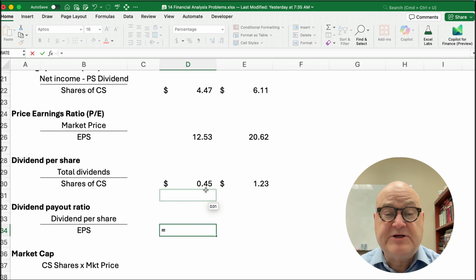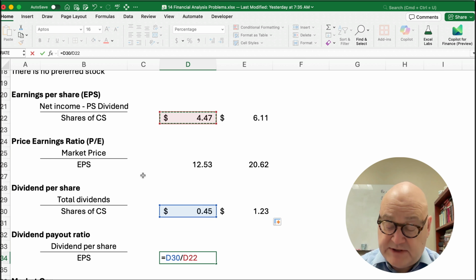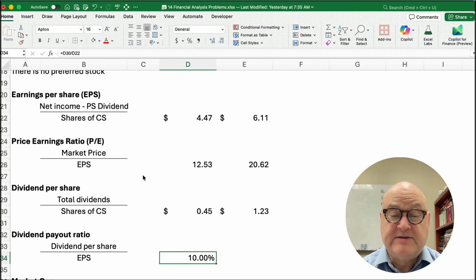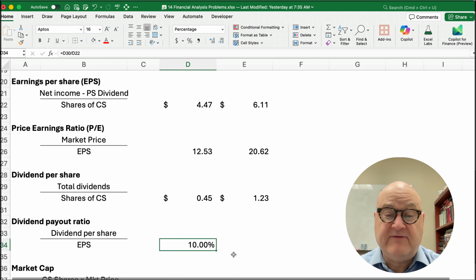It's the dividends per share divided by the earnings per share. We've already used earnings per share a couple of times, under the PE ratio and here under dividend payout, so knowing it is very important. If they earn $4.47 and pay out 45 cents, they're paying out 10% of their earnings as dividends.